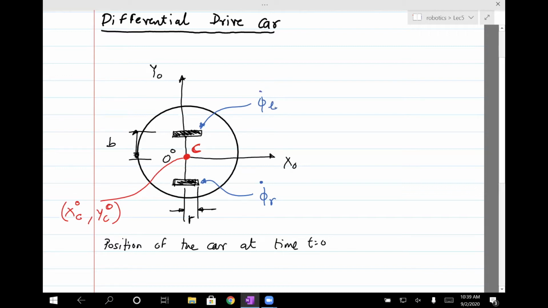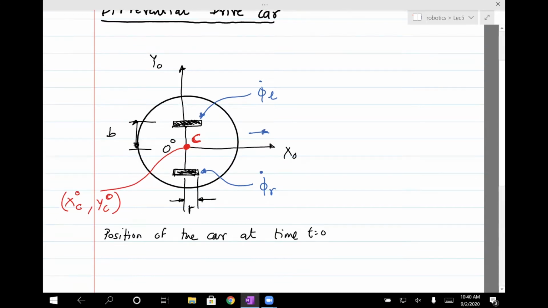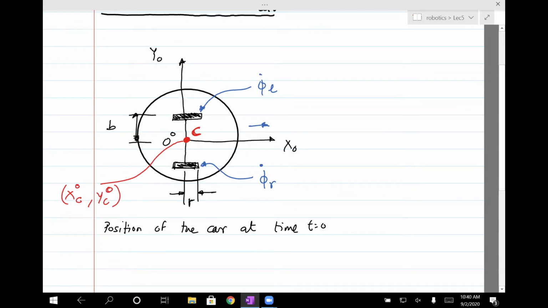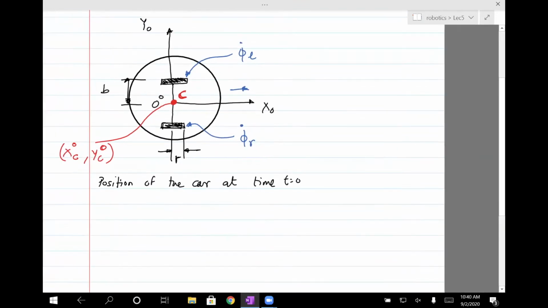So this is basically the car going straight, and if you are actually seated in the car, then the left wheel is going to be the one I've shown, and the right wheel is going to be the way I've shown it. Okay, so this is the position at time t equals 0.